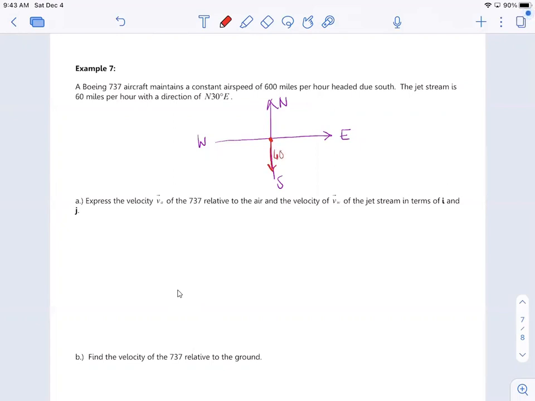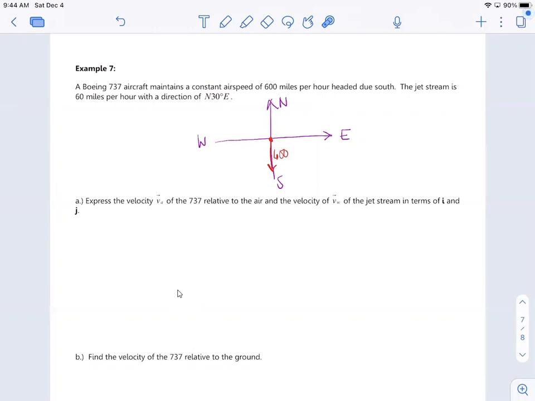We know it's 600 miles per hour. So that is your magnitude. We also can figure out our direction because it's headed due south. So that would be 270 degrees. You can use degrees or radians. Since we're given degrees there, we're going to use degrees.